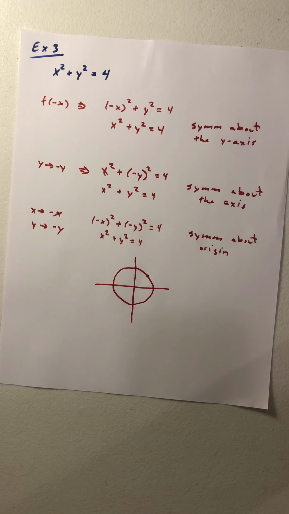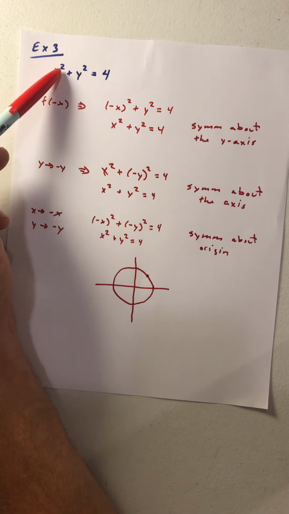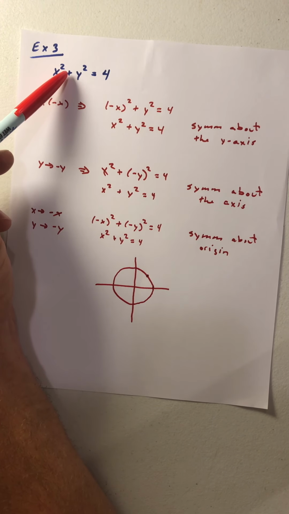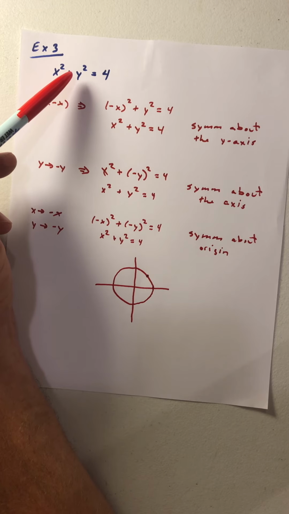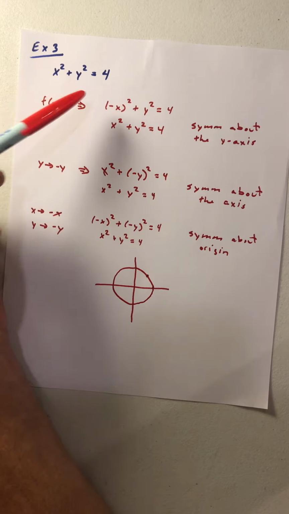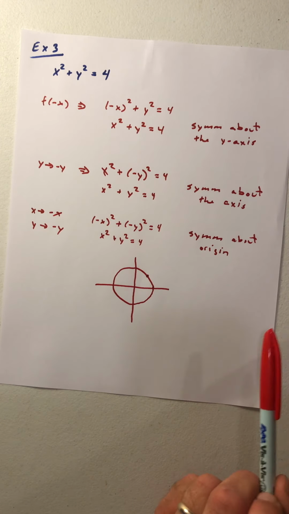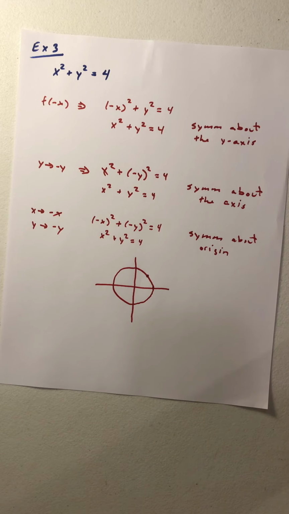So talking about the even and the odd functions, you're going to look at your exponents and it's going to give you an idea if it's going to be even, odd, or maybe neither. So notice here we had even exponents, so we see it was symmetric about the y-axis. We also saw that it was symmetric about the origin in this case.